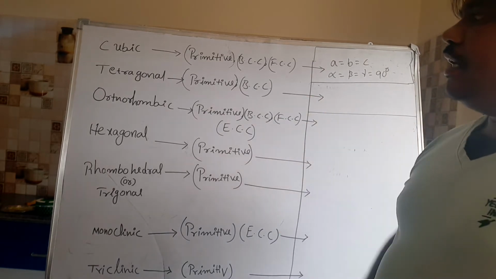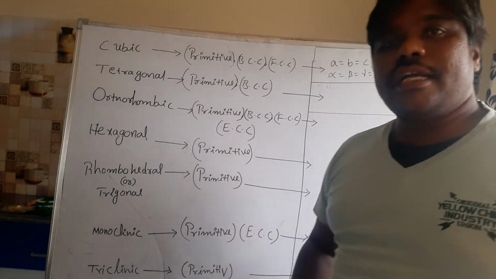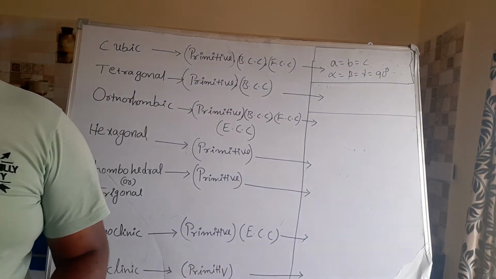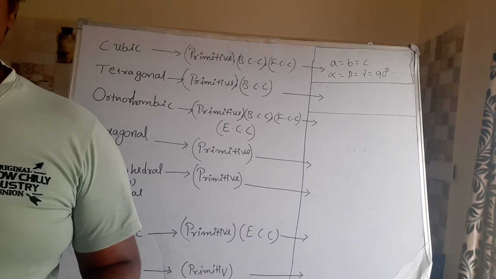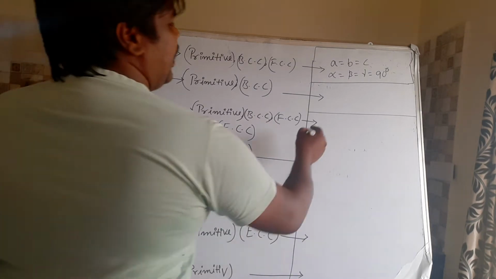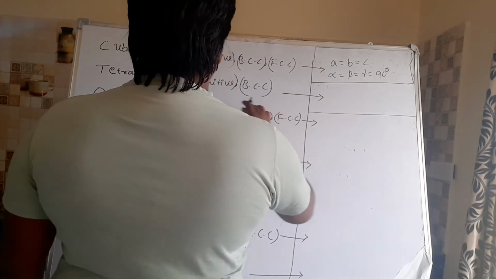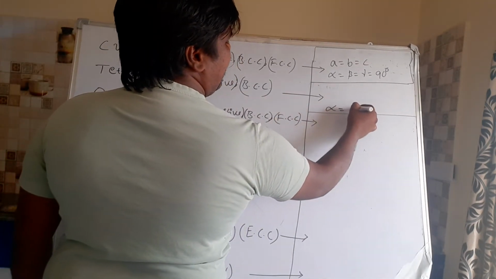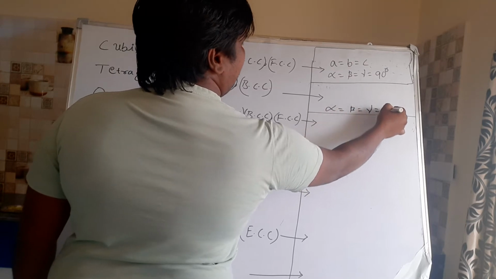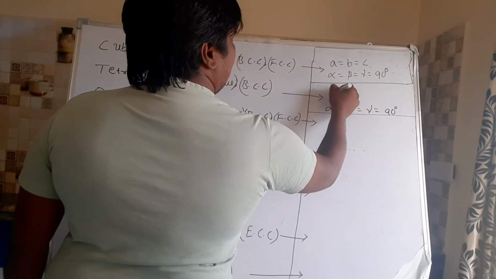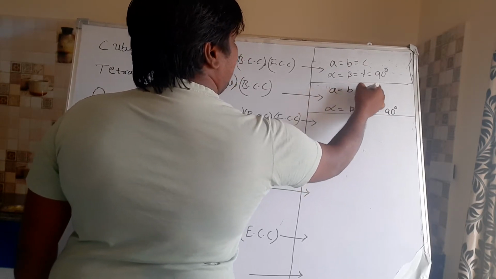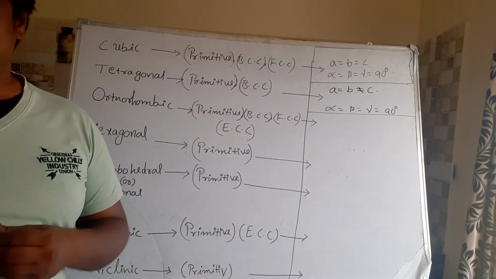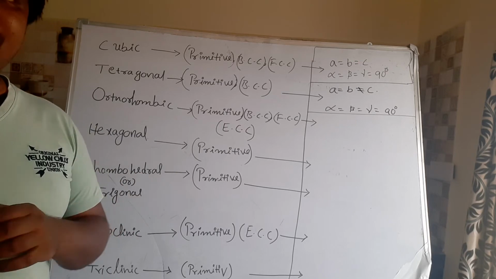For tetragonal, students, there is no change in the relation between interaxial angles. In the case of tetragonal also, alpha is equal to beta is equal to gamma is equal to 90 degrees, but a is equal to b is not equal to c. Just keep that in your mind.